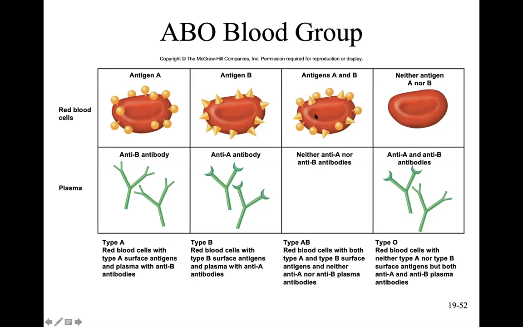And because they have type A in their red blood cells, they're not going to have antibodies to A. They can receive blood from type B. Why? Because they have the B antigen as well. Because of the B antigen, they're not going to make antibodies to B. So now they don't make antibodies to A, they don't make antibodies to B, and nobody makes antibodies to O. They can receive anybody's blood. Literally, we can, if you're type AB, right?